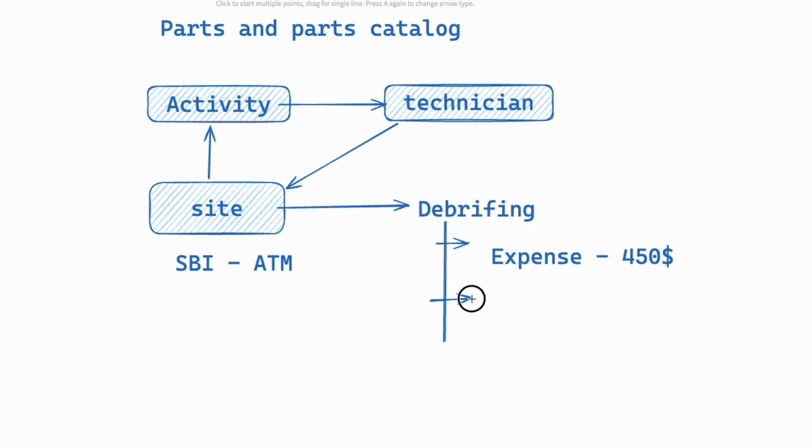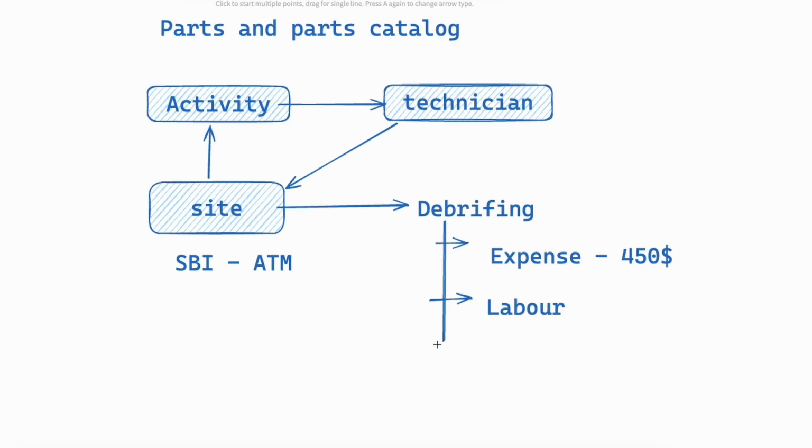He will create labor records, what exactly he has done. There is a chance that he will change some equipment on the ATM. Suppose the camera is not working, so he has replaced the camera.